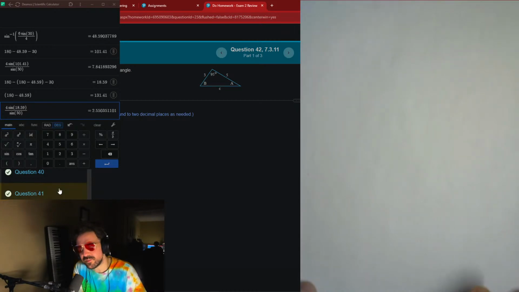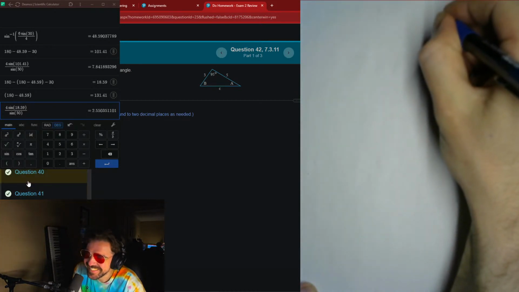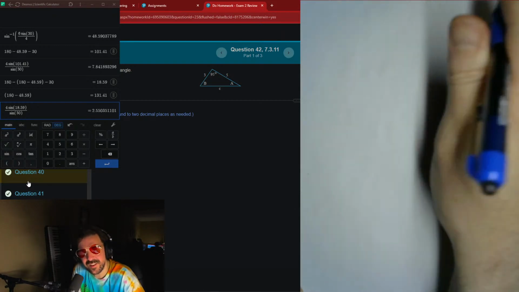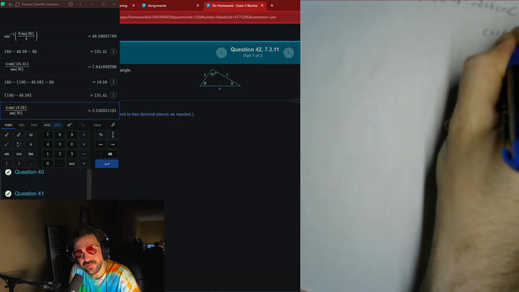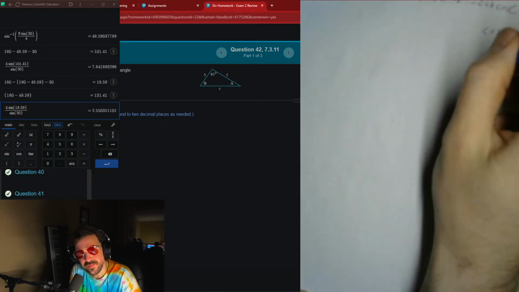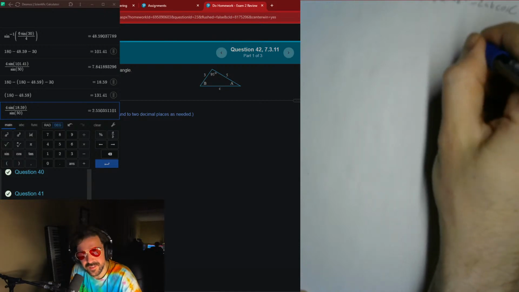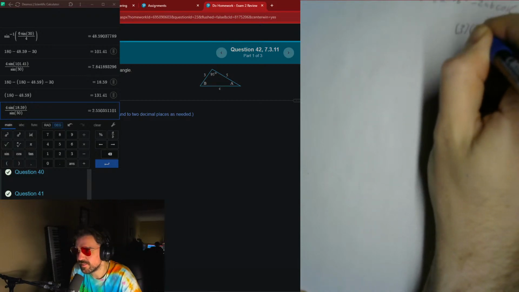What an easy to remember and simple formula. In this scenario, angle C is 95, side A is 3, side B is 5.